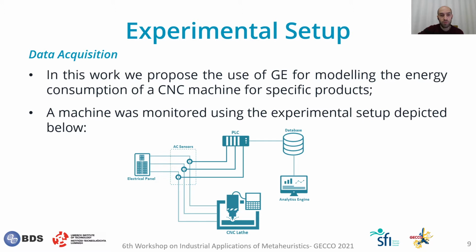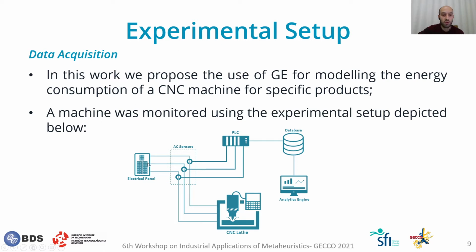Starting with our experimental setup and the data acquisition. As mentioned, in this work we propose the use of GE for modeling the energy consumption of a CNC machine for specific products, in this case three specific products. To get data from this machine, this is the setup that we used.